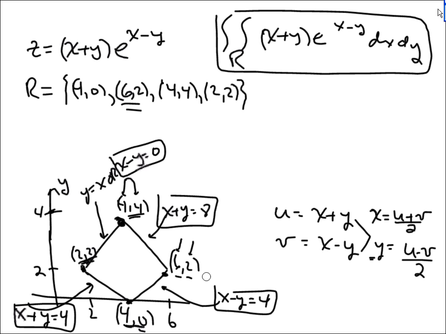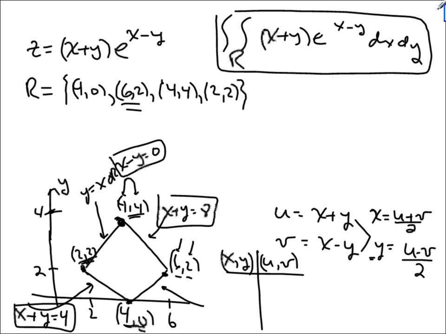Now, I want to find the new points. I want to find the uv points. So xy, uv. In xy, we have 4, 0, 6, 2, 2, 2, and 4, 4.